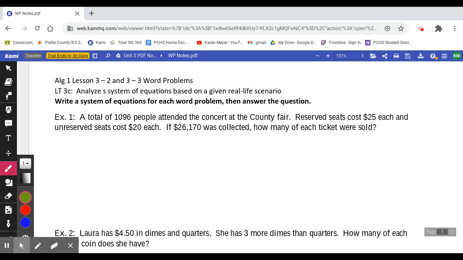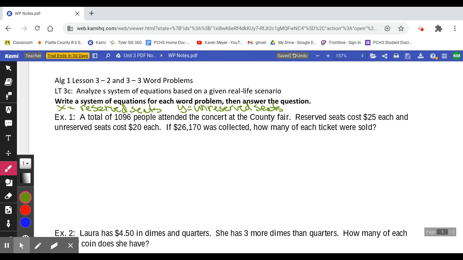All right, so I'm going to say X is going to stand for the reserved seats, and Y is going to stand for the unreserved seats. It is important that you let everybody know what your variables stand for. So yes, you must write down what X stands for and what Y stands for.